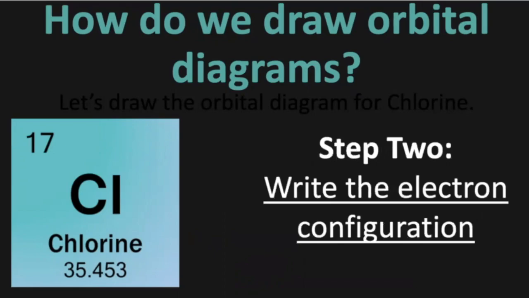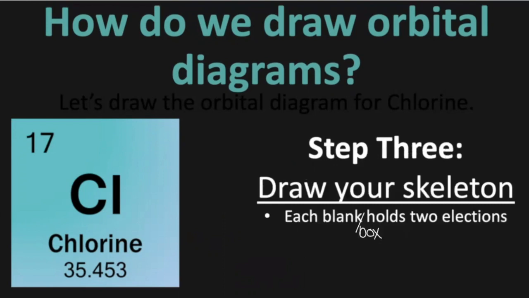Step 2, write your electron configuration, just like we did last class. That electron configuration serves as the basis to know what you're going to draw. So step 3 is to draw your skeleton, remembering that each blank or each box holds 2 electrons.